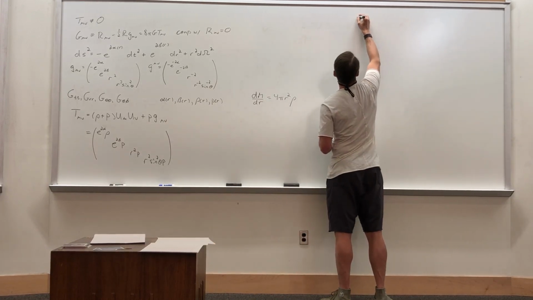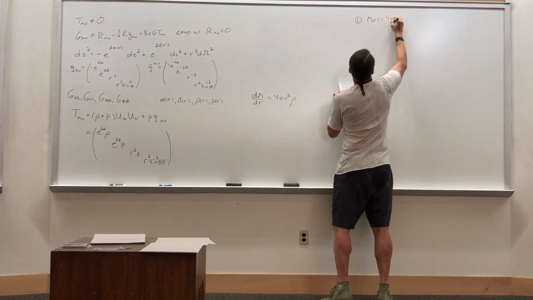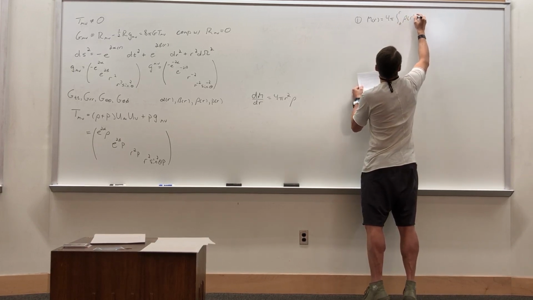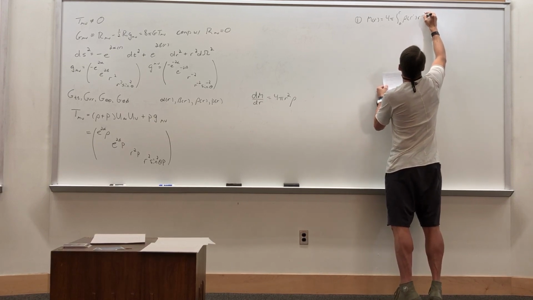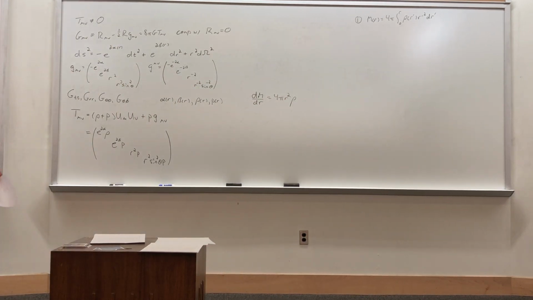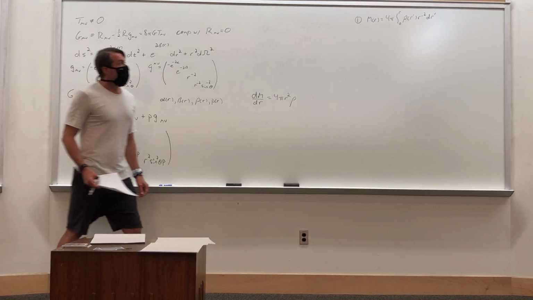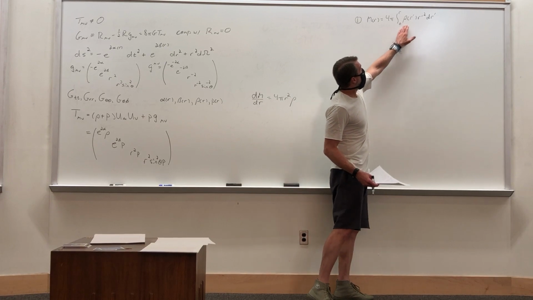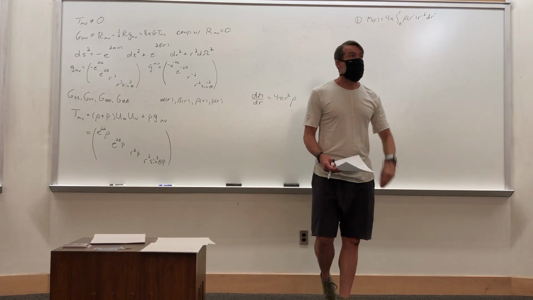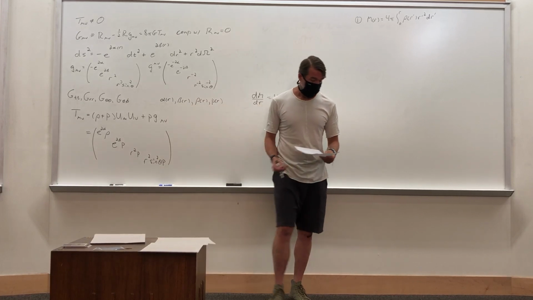So step number 1, we remember that m of r is simply 4 pi times the integral from 0 to r of the energy density times r prime squared dr prime. So if we know how our energy density varies with radius, then we can use this to calculate m. But m is exchangeable for beta, so we've figured out one of these unknown functions.